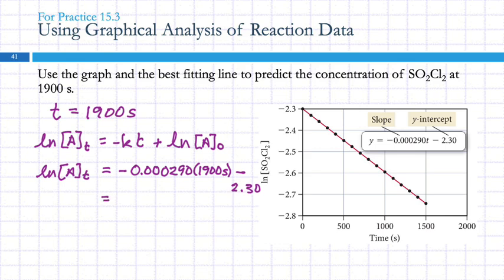So this gives us negative 2.851. There's no digits after that. That's the natural log of the concentration. Okay? How do we find out what the concentration is?